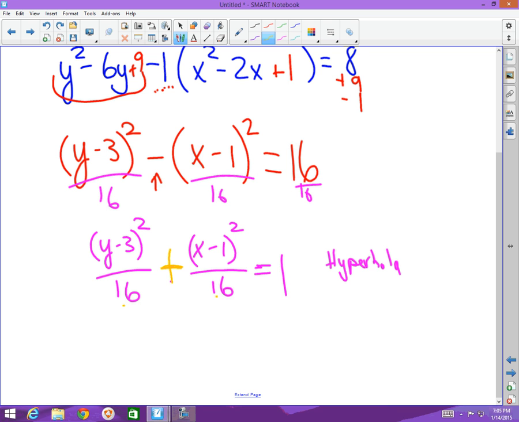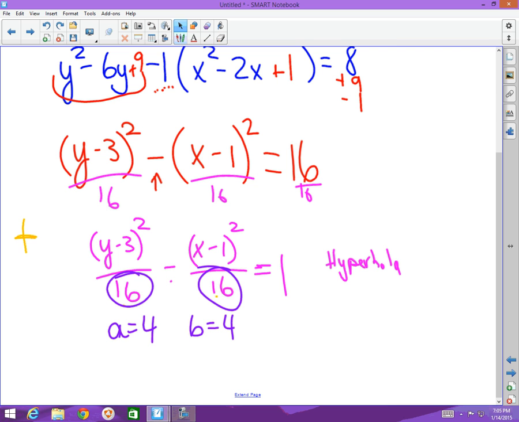All right, so since it is a hyperbola, the value of a is 4. It's the square root of that number. The value of b is also 4 because it's the square root of that number. And then the value of c is equal to the square root of 32 because it's that squared plus that squared.